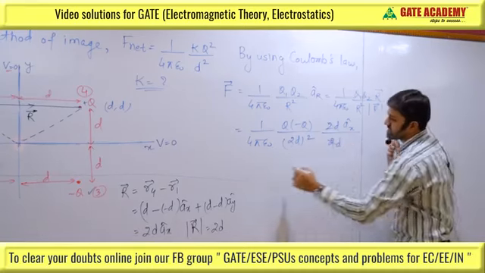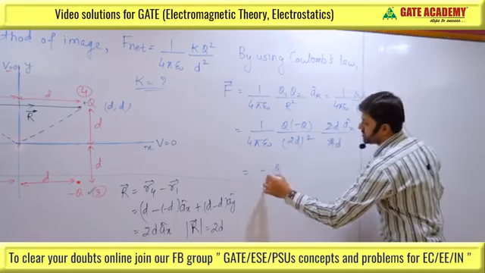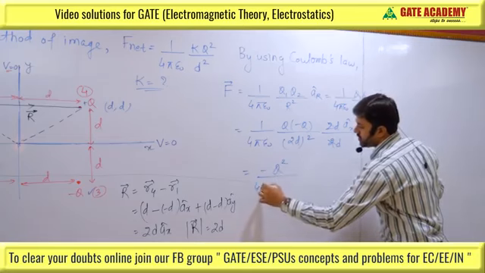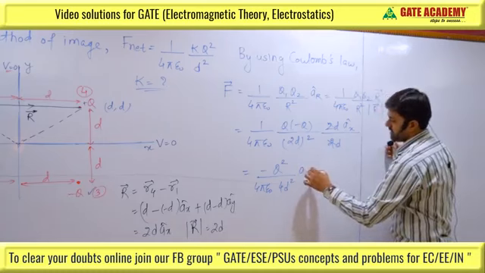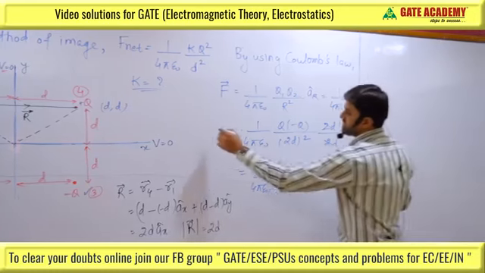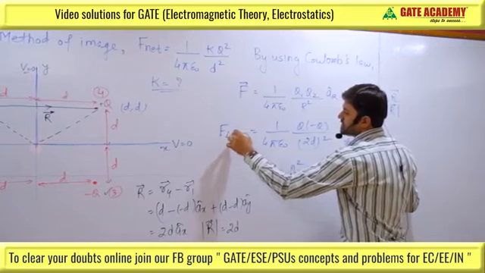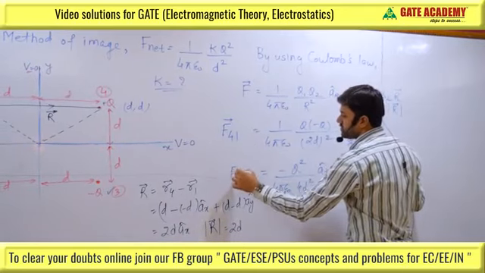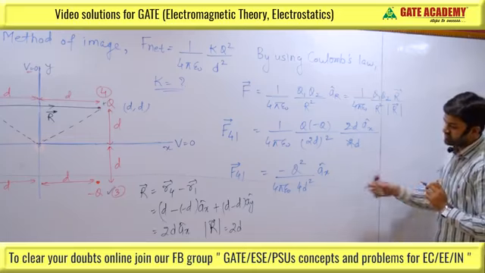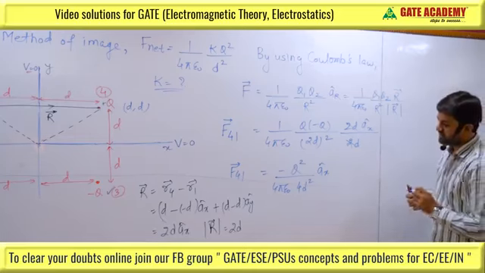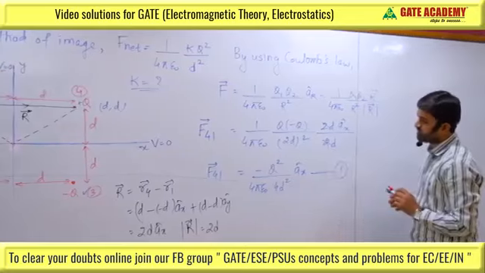So this will cancel each other and we will get minus q square upon 4 pi epsilon naught 4d square ax cap. So this is the force on charge 4 due to the charge placed at minus d, d, that is because of 1. So put it as equation number 1.